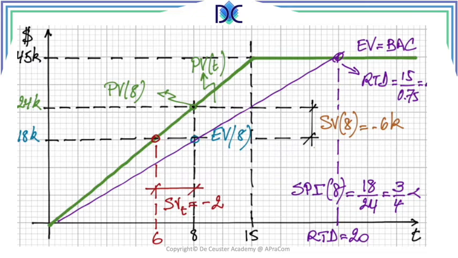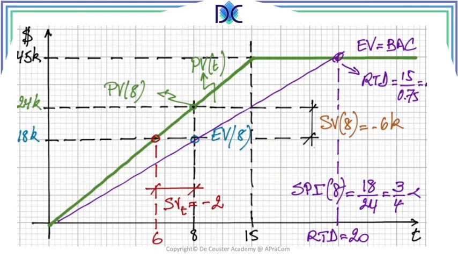Period 6, so we have 12 times 1,500, so that's 18K. What we should have here is, in fact, we should have created those deliverables, 18K of value of deliverables, at period 6. And we can now define the time-based schedule variance, which is 6 minus 8, which is minus 2. Basically, we are 2 periods behind.